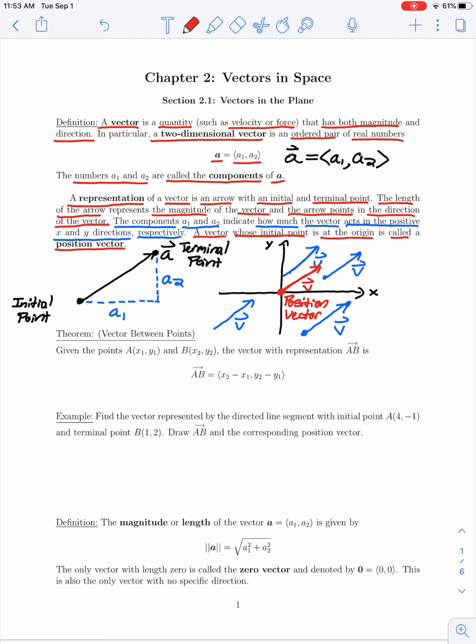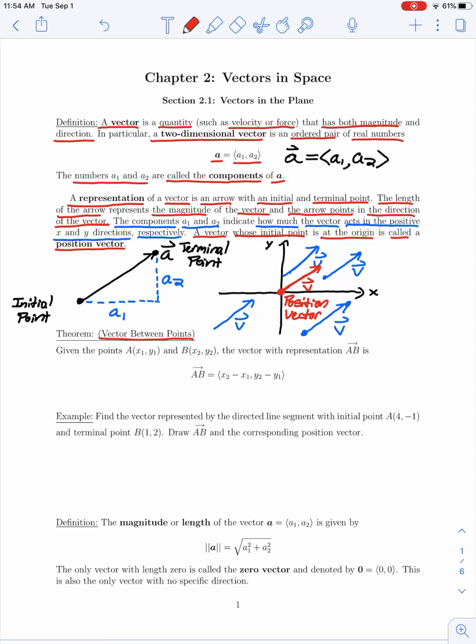Now, a problem of interest that will come up frequently throughout this course is determining the components of a vector with a given initial and terminal point. So we have a theorem which tells us how to find a vector between 2 points. And here's what it says.